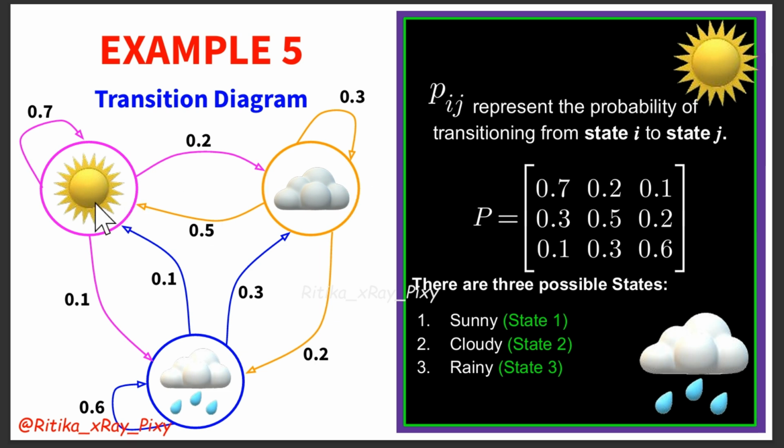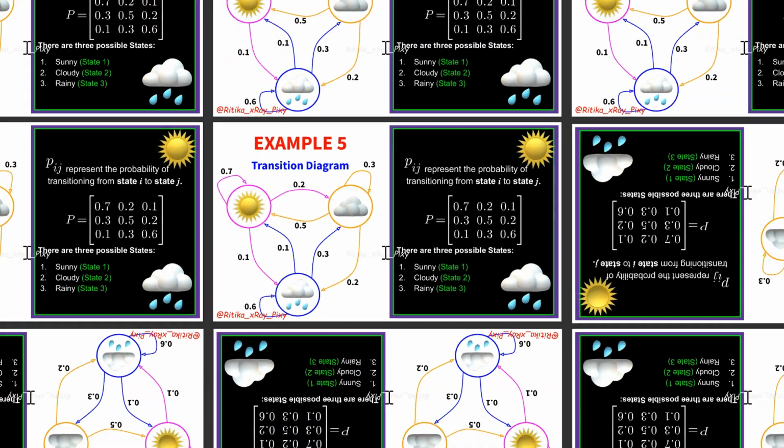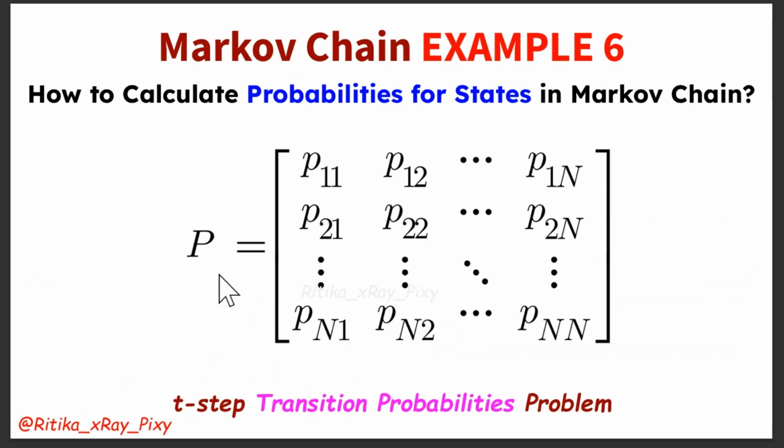So here the row represents the current state, the column represents the next state, and every entry in the matrix represents the probability of moving from the state represented by the row to the state represented by the column. Done.